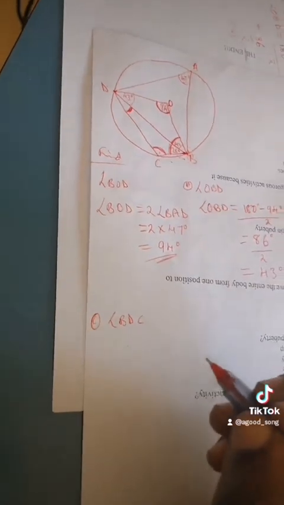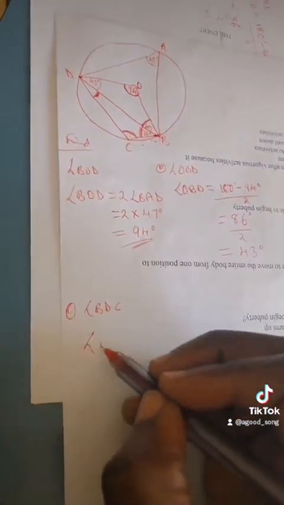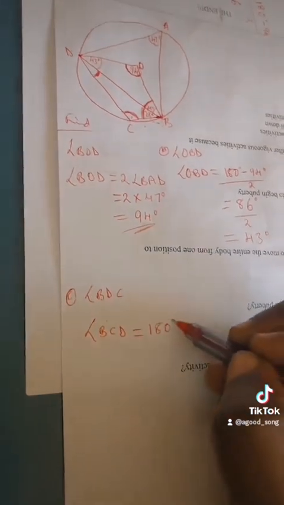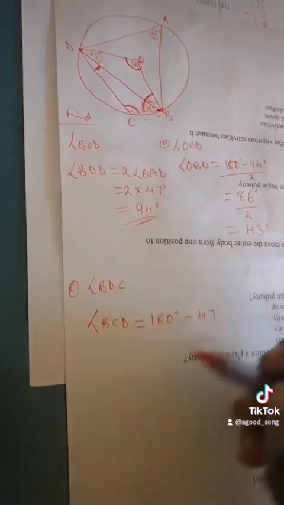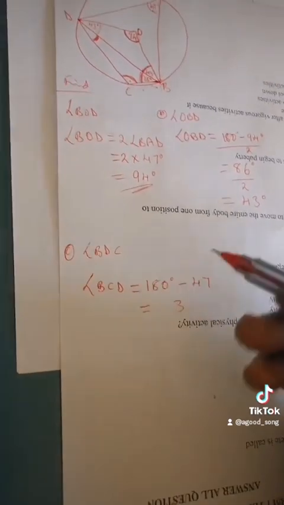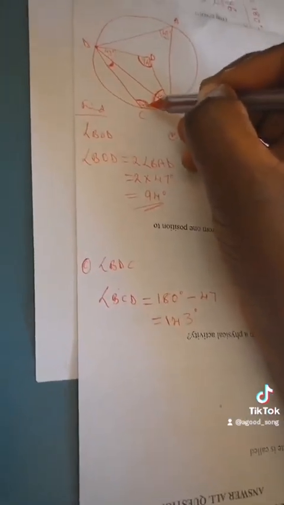So to find angle BCD, we'll simply subtract 47 from 180, and this gives us 143 degrees. So this angle is 143.